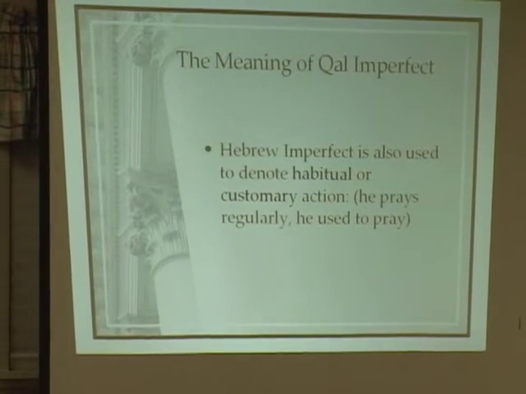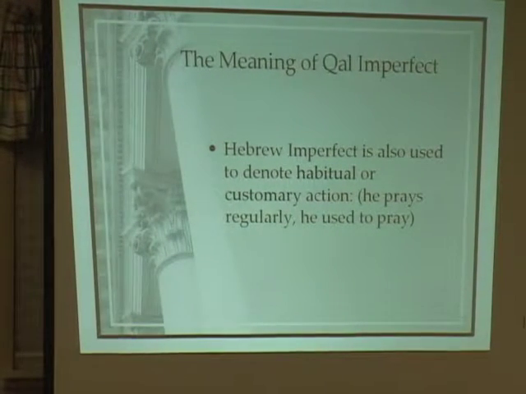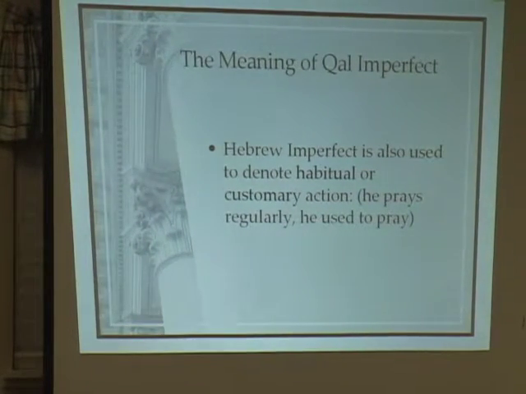Okay. Hebrew imperfect is also used to denote habitual or customary action. For example, he prays regularly, or he used to pray. Okay, so it's a habitual or customary action. Imperfect might be used, so translation will be effective.